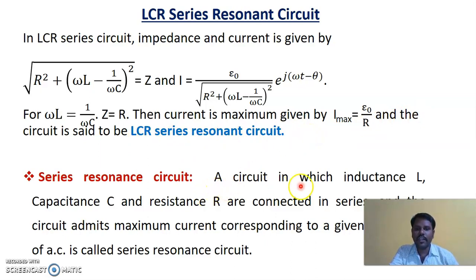A circuit in which inductance, capacitance, and resistance are connected in series, and the circuit admits maximum current corresponding to a given frequency of an AC, is called a series resonance circuit.